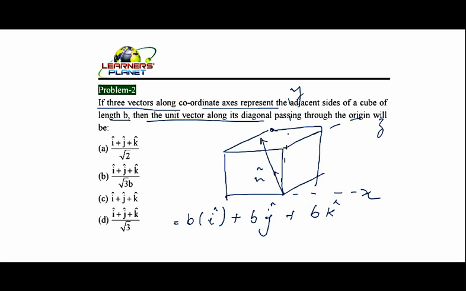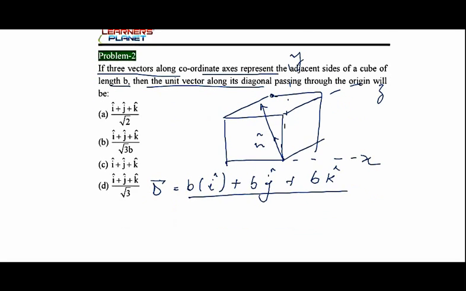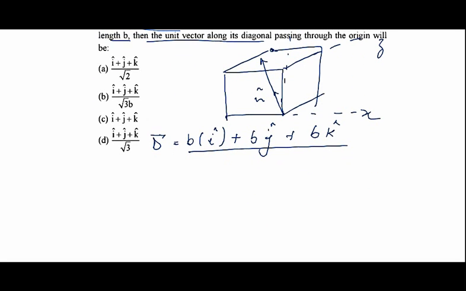Now this vector is the body diagonal vector. Let us say this vector is given by b. Because b i cap, b j cap and b k cap are three vectors, and if you do the vector sum of these three vectors you will get the body diagonal.